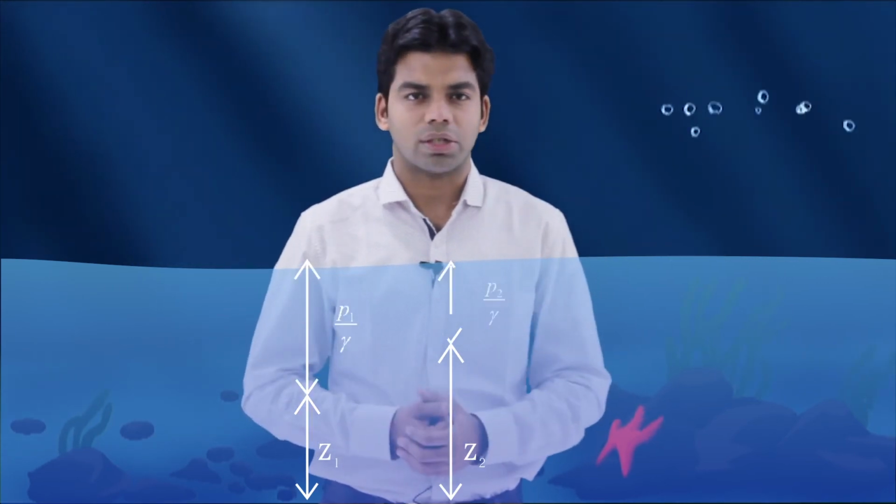Now we can draw another important conclusion from this formula. Let's suppose we have this static fluid. I am considering two different random points. This is point 1, which is at a distance z1 from the bottom, and this is point 2, at a distance z2 from the bottom. We have seen that dP is equal to minus gamma into dz. The pressure at point 1 is P1 and at point 2 is P2.